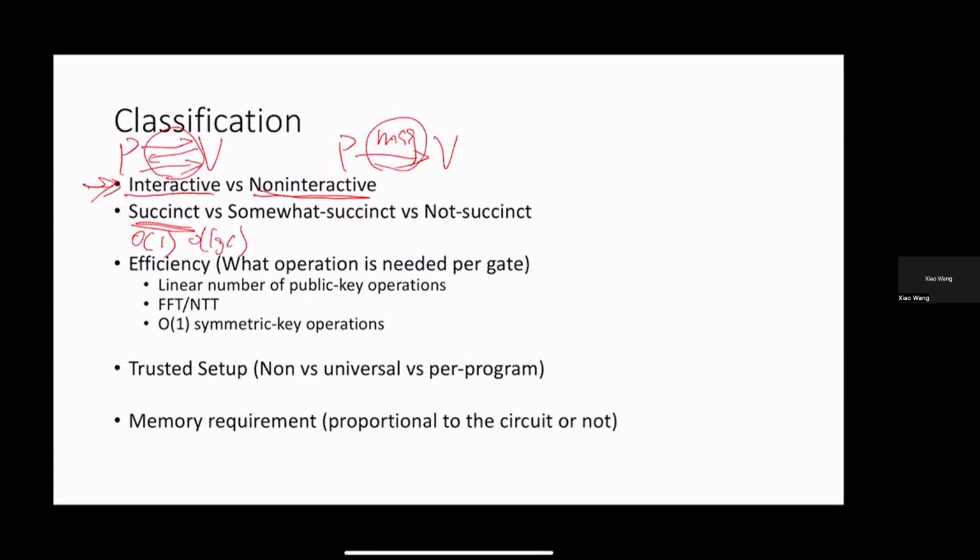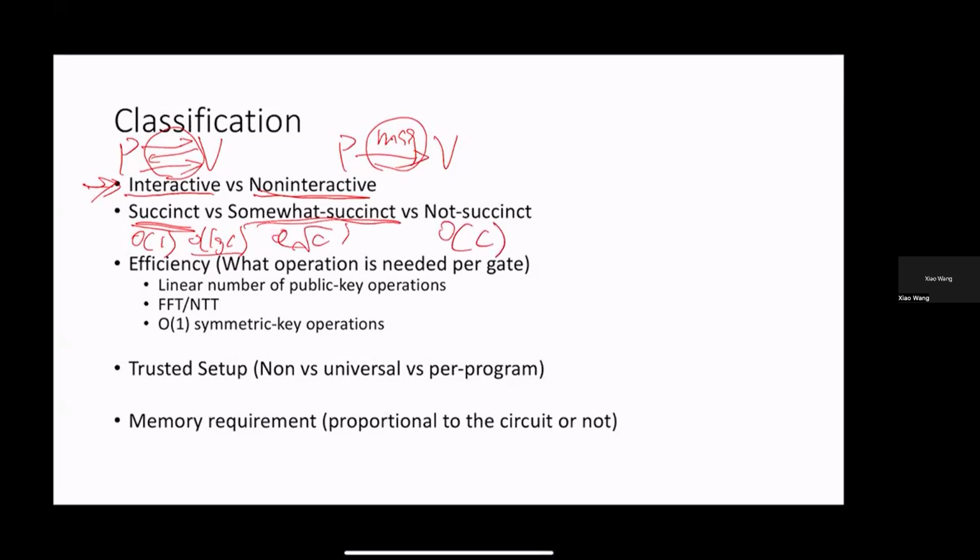Whether it is called succinct really depends on the definition, but the size could be logarithmic in the circuit size. Something less succinct could be the square root of the circuit size, and not succinct would be linear in the circuit size.